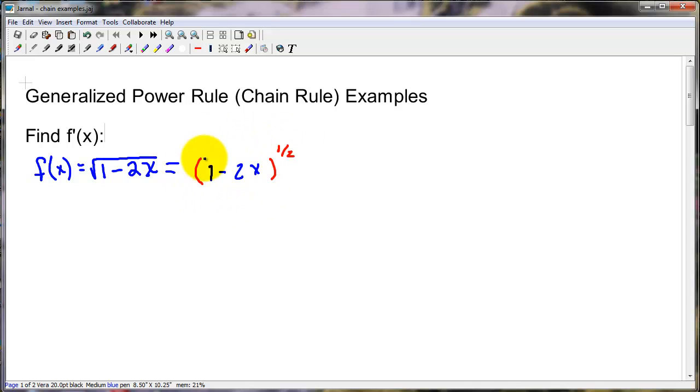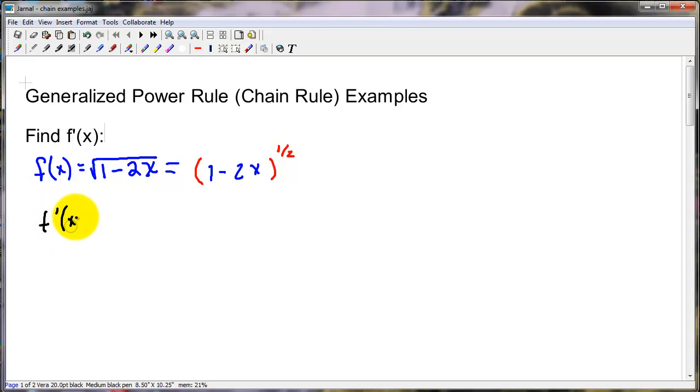So this is our g of x on the outside and our u of x in the middle. And if we want to take the derivative of this, we're going to use our generalized power rule that we just had. So let's look at finding that derivative.